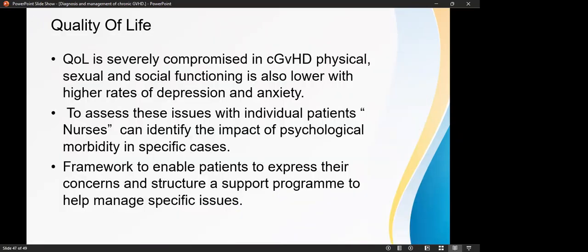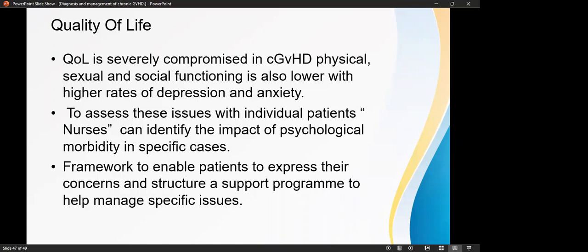And at the last, we will see how we can improve the quality of life which the patient suffers in the GVHD after transplant. Quality of life is severely compromised in the chronic GVHD. Physical, sexual, and social functioning is also lower with the higher rates of the depression and anxiety.